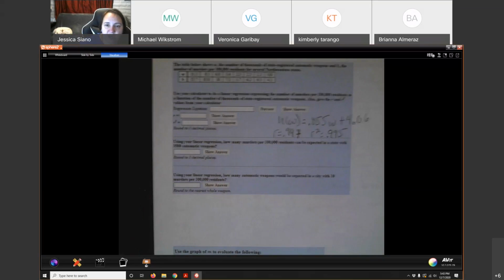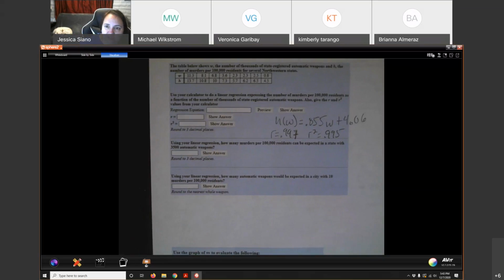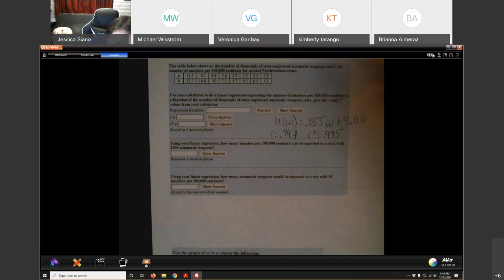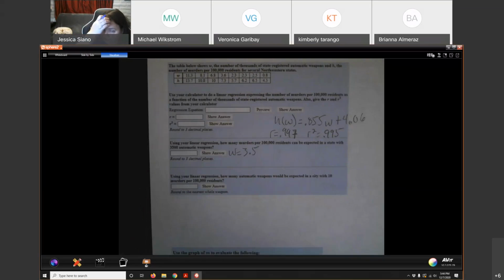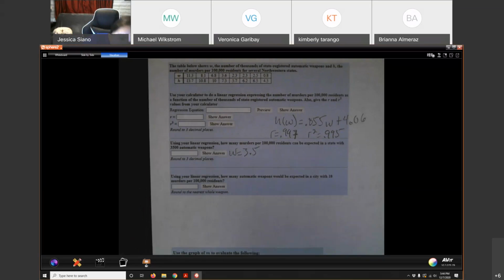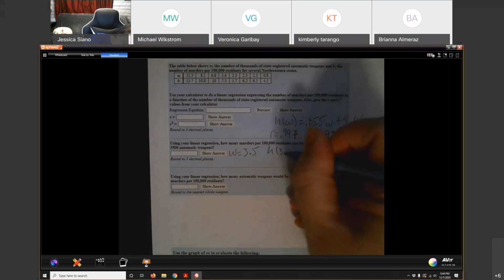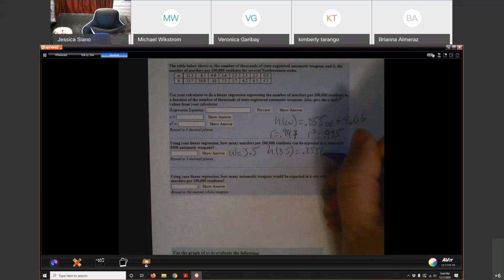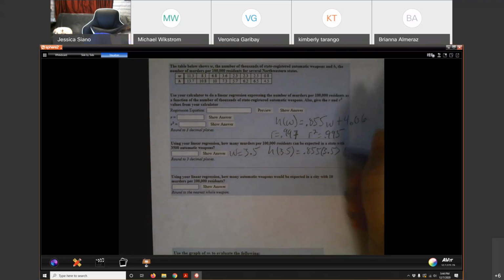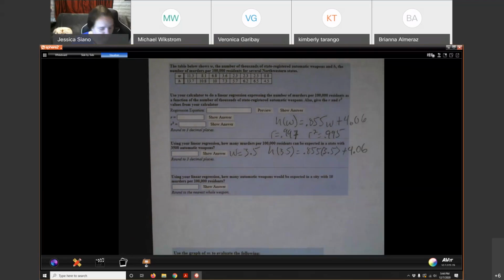Using your linear regression, how many murders per 100,000 residents can be expected in a state with 3,500 automatic weapons? Now, they round that 3,500 to thousands. So when we put it in, we're going to make W 3.5. So then H of 3.5 is going to be 0.855 times 3.5 plus 4.06.